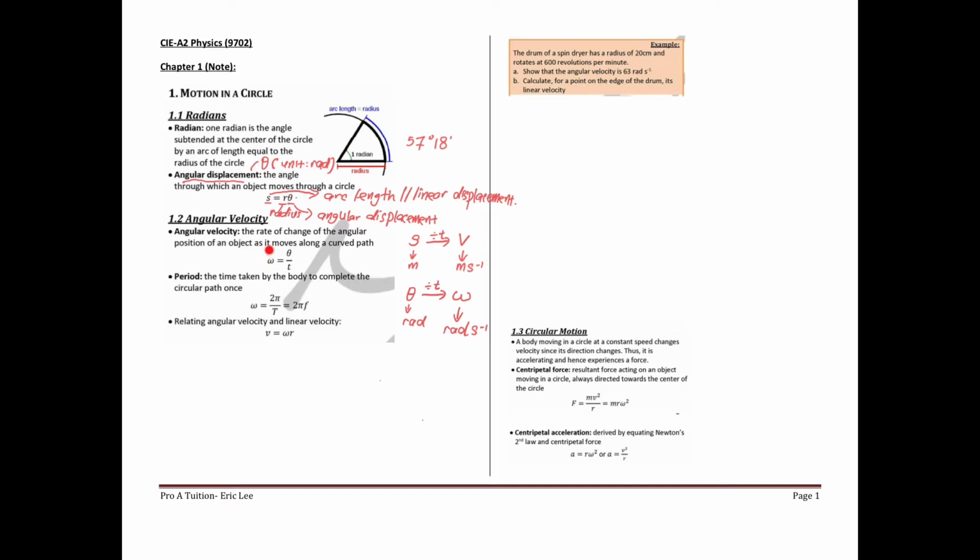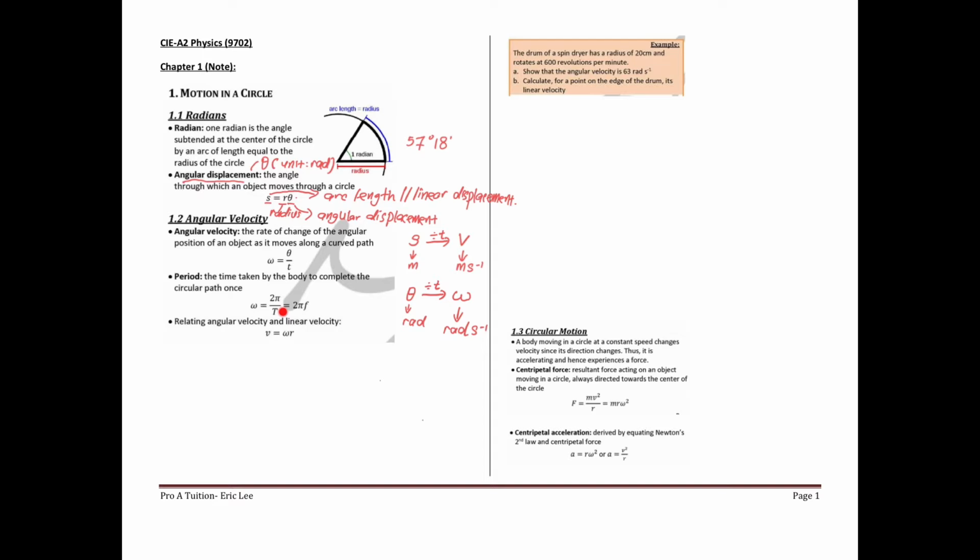Our angular velocity is omega equal to theta over time. We can extend our concept over here, where we replace the theta with 2 pi. 2 pi is 360 degrees, which means the particle moves one complete round, and the corresponding time for moving a complete round is called a period, and that's why the t at the bottom here is replaced by capital T, which is the period.